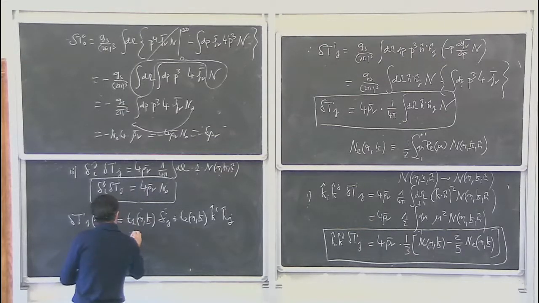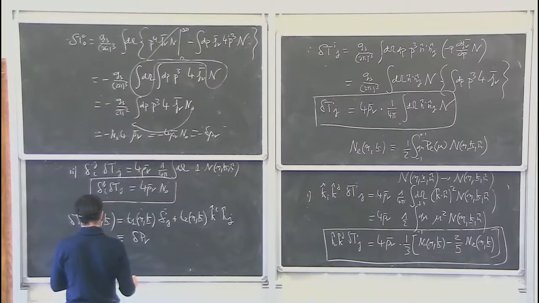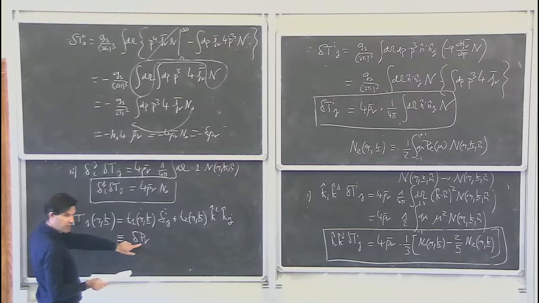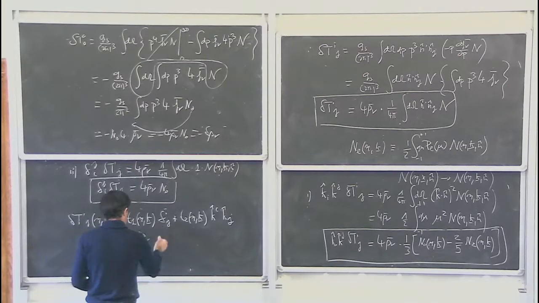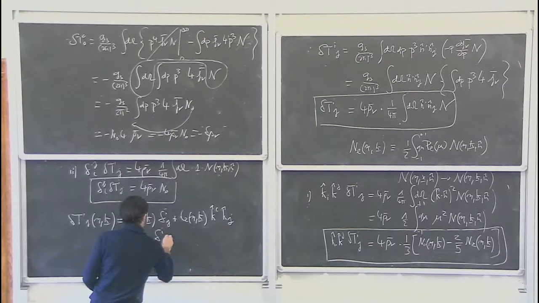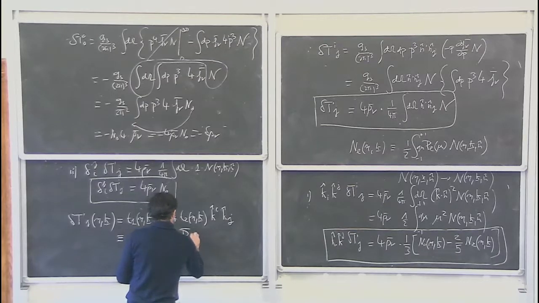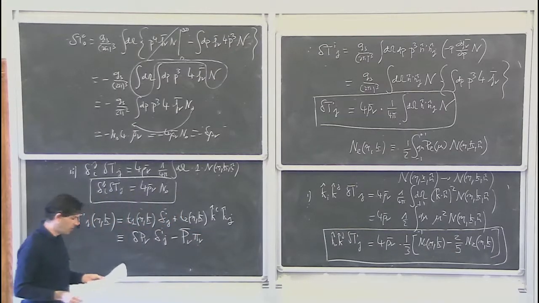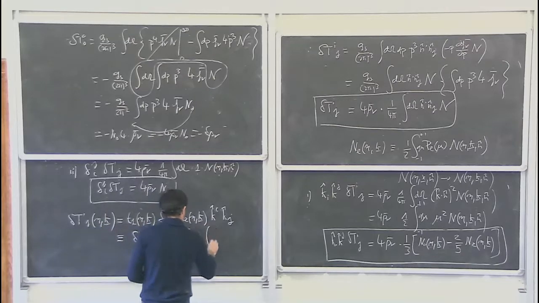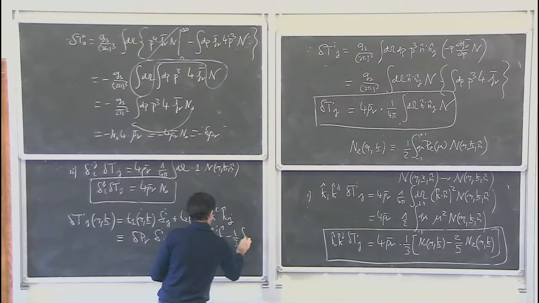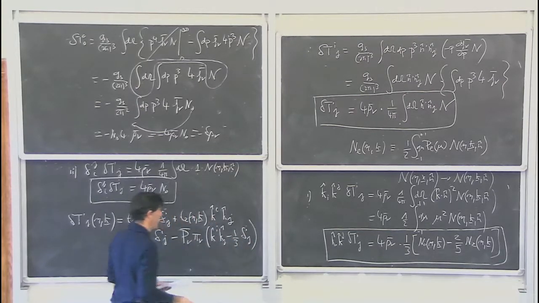I claim then that I will have a perturbation to the isotropic pressure multiplying this Kronecker symbol, so on the diagonal, and then I have this anisotropic stress multiplying this term.